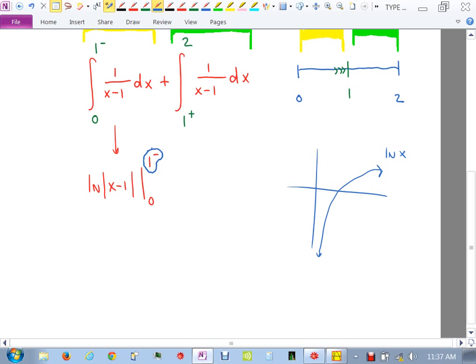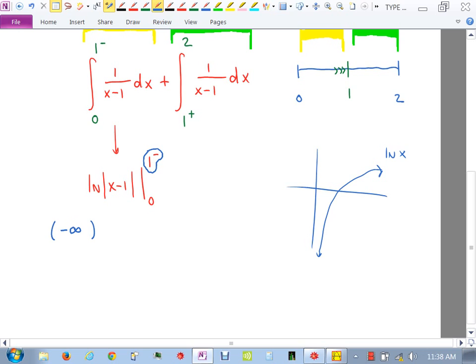If I plug 0.999 in here, what happens? 0.999, take away 1. I get a very small number and it's negative, but then I take its absolute value, and it's positive again. So natural log of a very small number is really basically saying what's natural log of 0, and it's headed towards negative infinity.